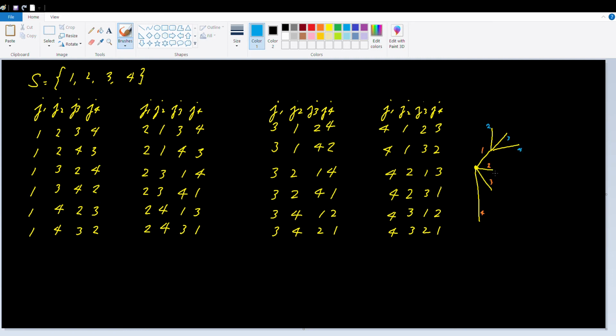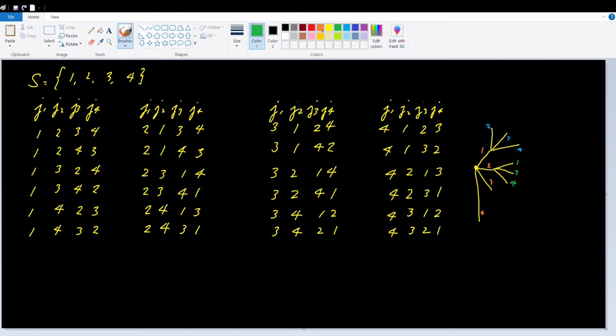So if the first number is 2, the choices you have for the second position will be the numbers 1, 3, and 4. So you do that for the other 2 branches, 3 and 4. Going back to the first branch of 1, branching out to 2, 3, and 4.